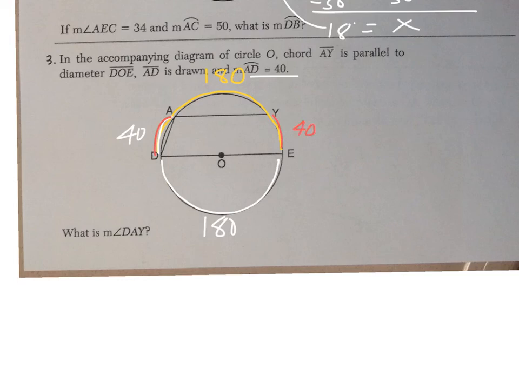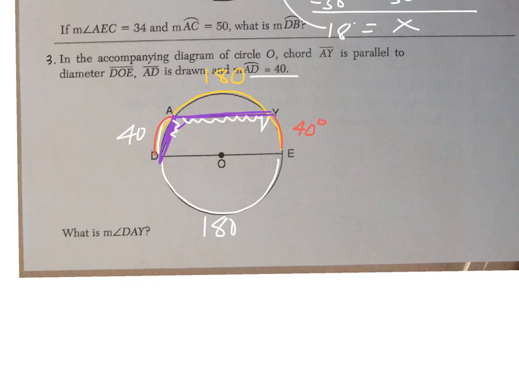And that becomes a necessary number to know, since you are trying to figure out how big the inscribed angle DAY is. So as mentioned in class, those inscribed angles are like mouths that are chewing on the circle.